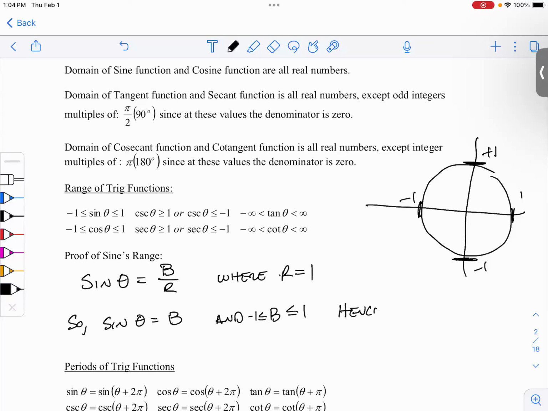Hence, sine of theta is in the range of -1 to 1. This is a proof, but proof is barely the right word. This is more just the logical justification that it goes between -1 and 1.